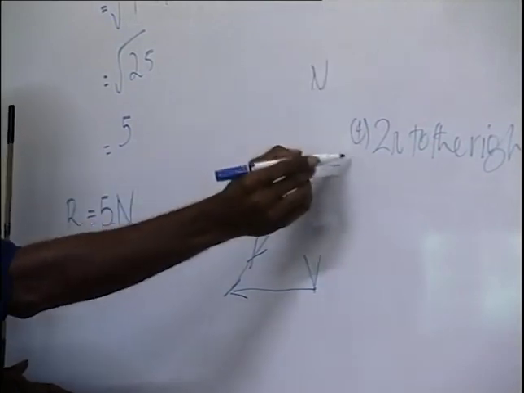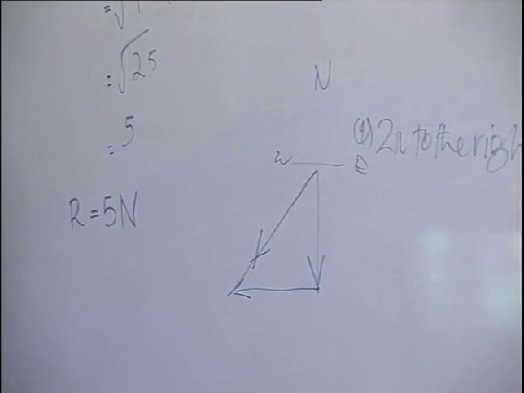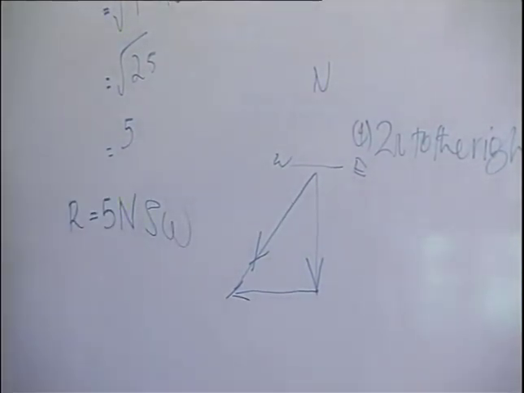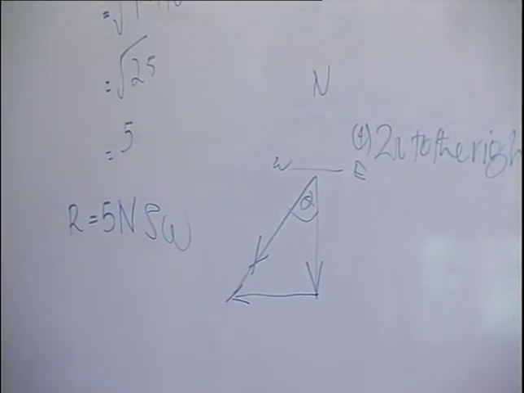Okay, if this is east and west, so it'll be southwest. 5 newtons southwest. At what angle is this force? Theta. If you want to find that angle, what is it?